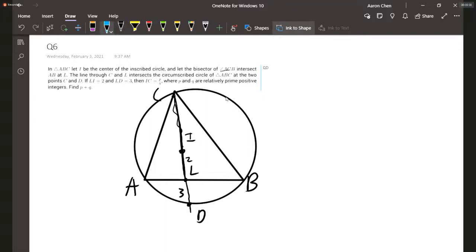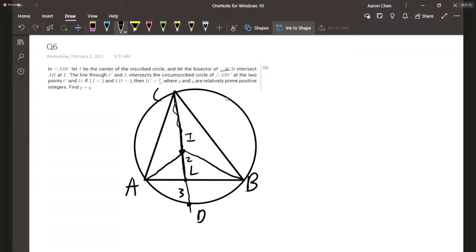So first of all, we can add the two lines IA and IB to the diagram. Okay.